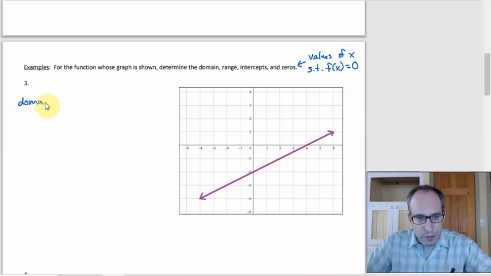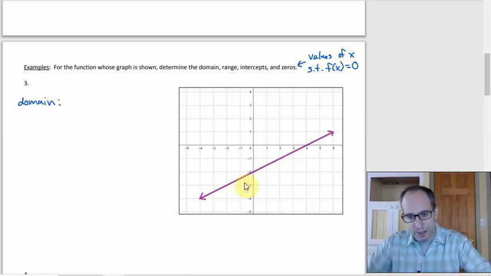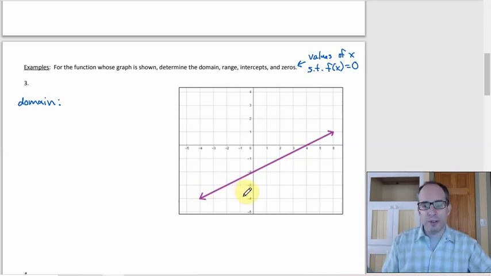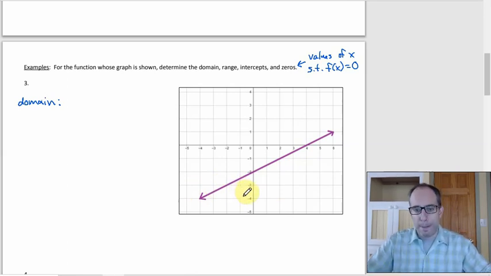So the domain, the x values being covered by this function, by its graph. Well, since there are arrows on the ends, and this arrow down here is going downward to the left, this one up here is going upward to the right, then as far as left and right are concerned, any x value that you want to pick, that function's eventually going to hit it.